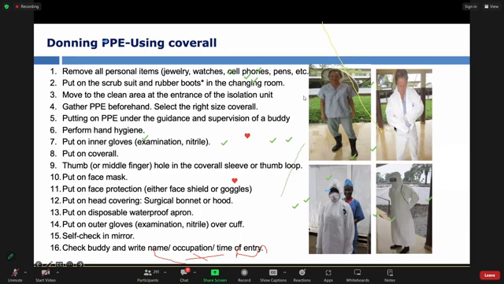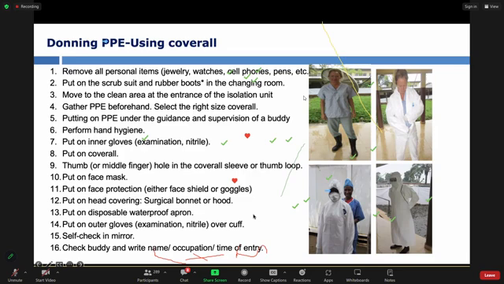Then thereafter, you put on the face mask, then the shield, and then you will have to put on the head and neck covering. That is also very key as per the procedure that is being indicated, and obviously the surgical bonnets covering the neck and the sides of the head have to fit perfectly, just in case you are putting on a head covering and not the entire hood.